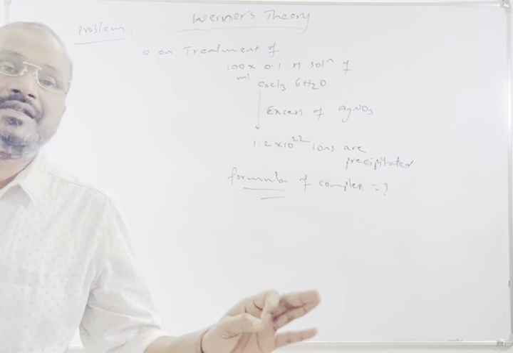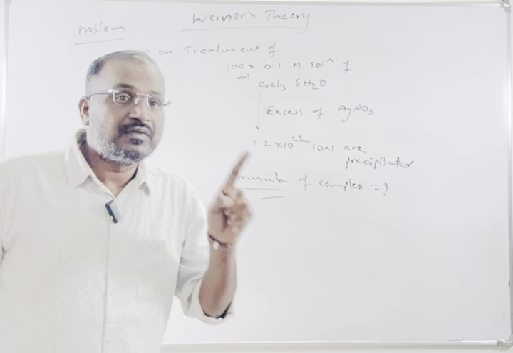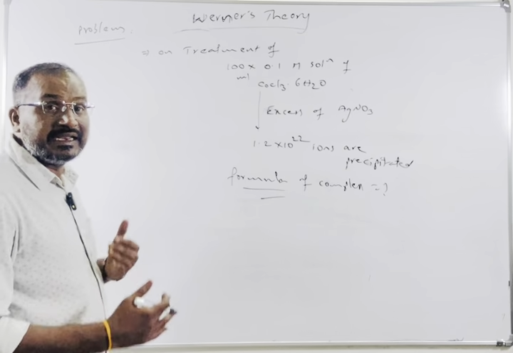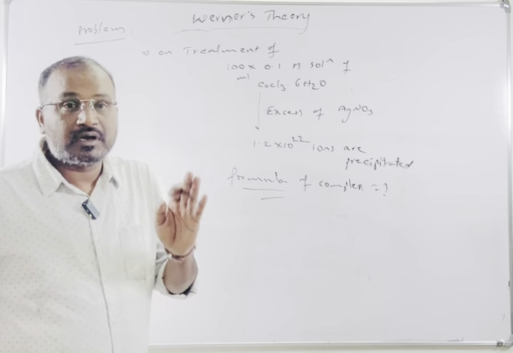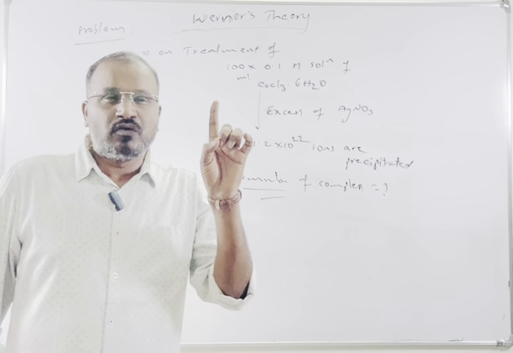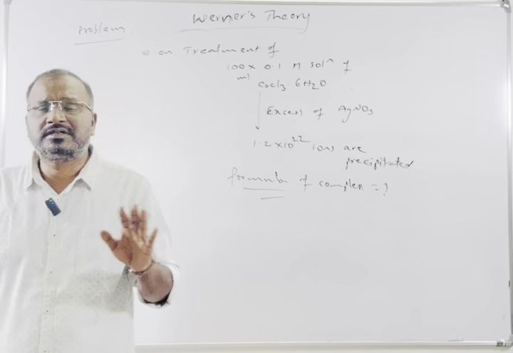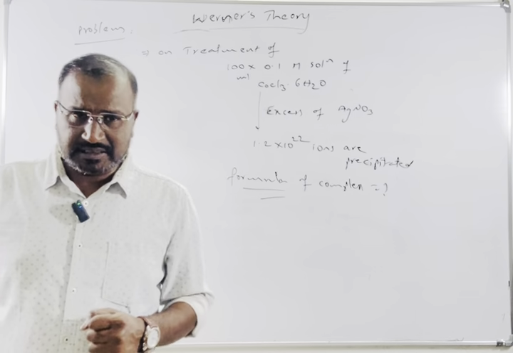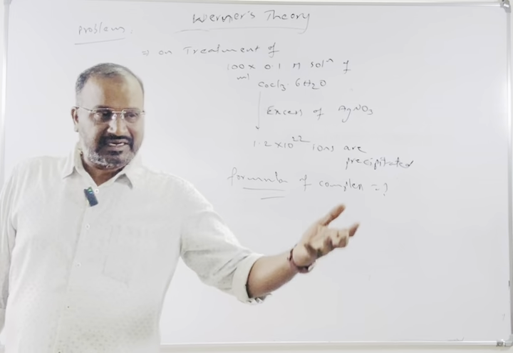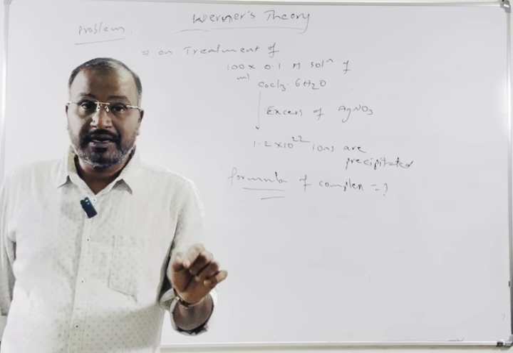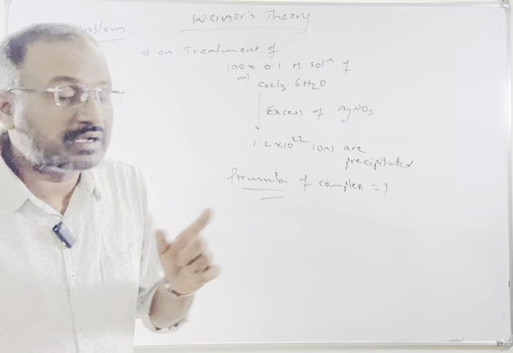If a number is given, we have to calculate moles by dividing it by the Avogadro number. Why? Because 1 mole of any compound, whether atoms or molecules or ions, contains the Avogadro number of constituent particles.